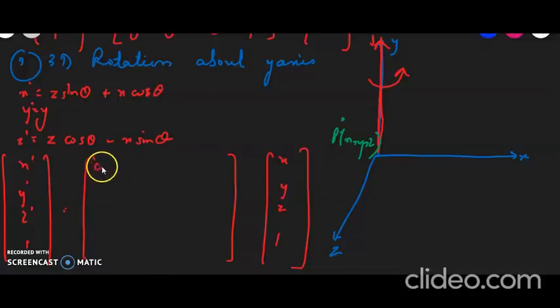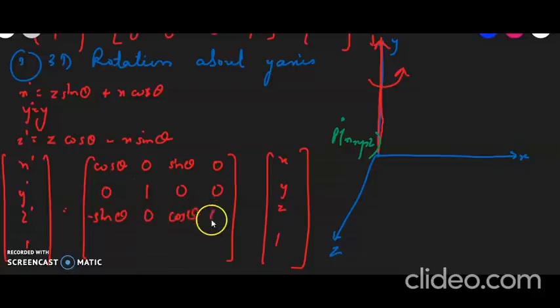So x has to be multiplied by cos theta, y with nothing, z has to be multiplied with sin theta and a 0. Y dash is same as y, so 0, 1, 0, 0. Z dash is z cos theta minus x sin theta. So x with a minus sin theta, and z with a cos theta, 0, and last row is 0, 0, 0, 1. So this becomes my rotation about y-axis, taking angle theta into consideration.